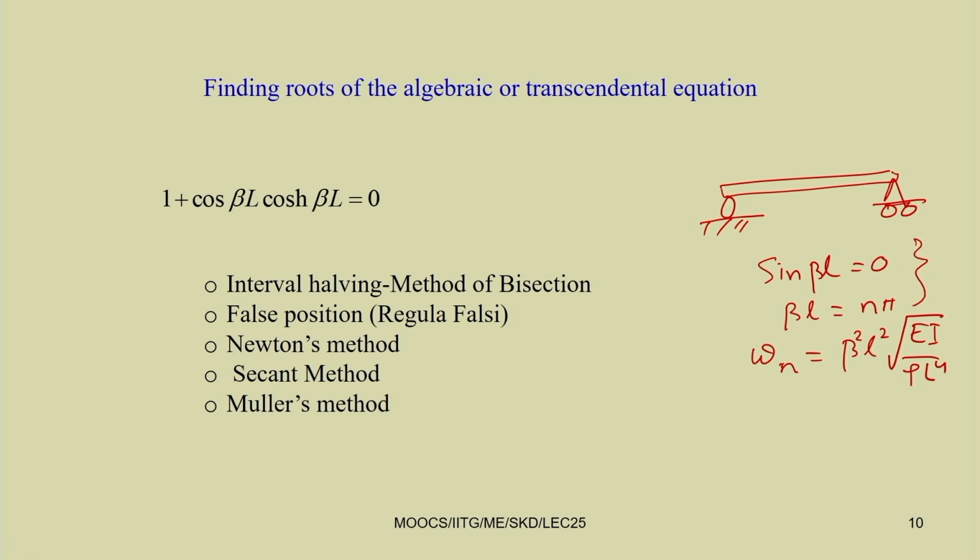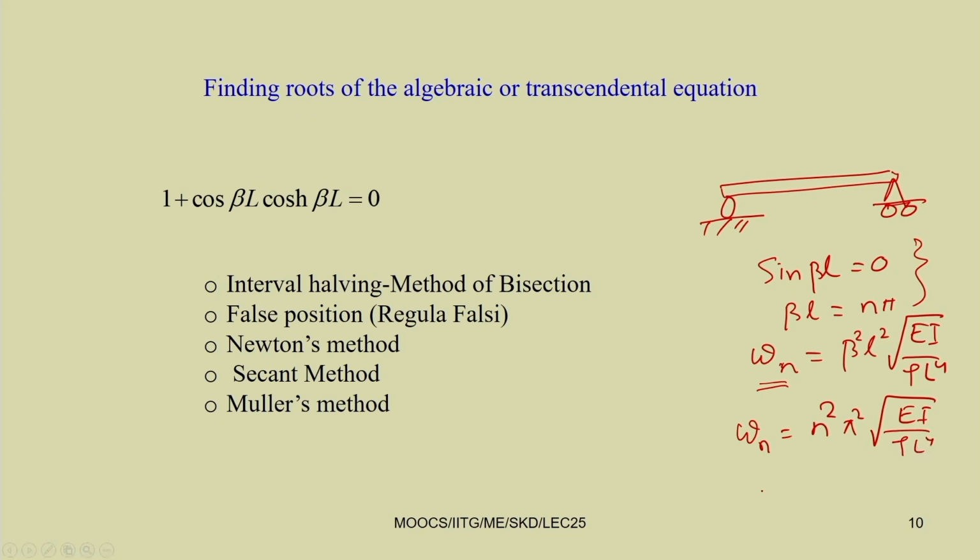So, sin beta L equal to 0. That is why you can write sin beta L equal to sin n pi. So, beta L equal to n pi, depending on the value of n. Beta L will take the value pi, then 2 pi, then 3 pi. You can observe that omega n will be equal to n square pi square root over E I by rho L fourth, which is the same for different modes.